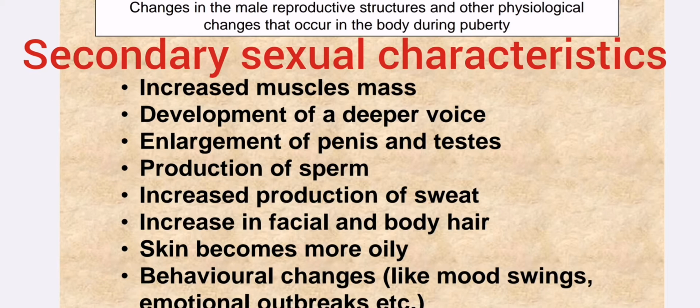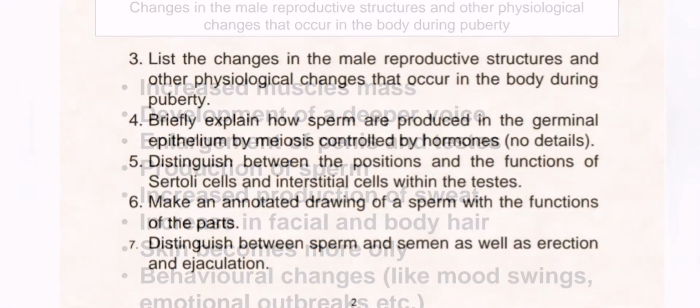And these include increased muscle mass, development of a deeper voice, enlargement of the penis and testes, production of sperm, increased production of sweat, more facial hair and body hair, skin becomes more oily, and then obviously behavioral changes like mood swings and emotional outbreaks. So these are normal things that we see as puberty starts.